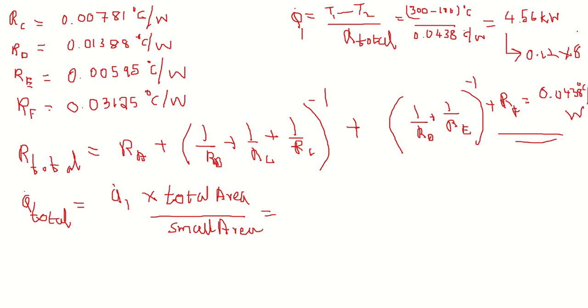So Q dot 1 we found which is 5.6 watt. The total area is 5 into 8, it's given in the question. And the small area is 0.12 multiplied by 8. You will get Q total as 1.9 into 10 to power 5 watt.